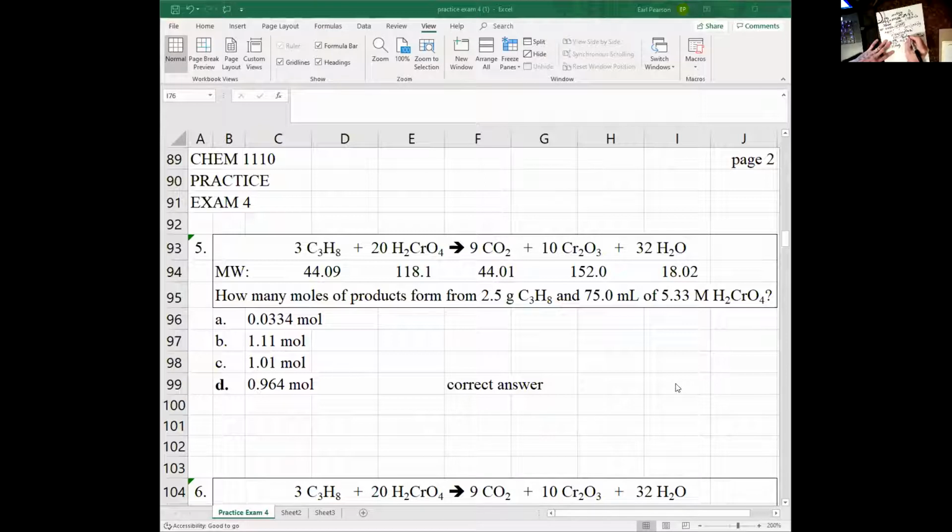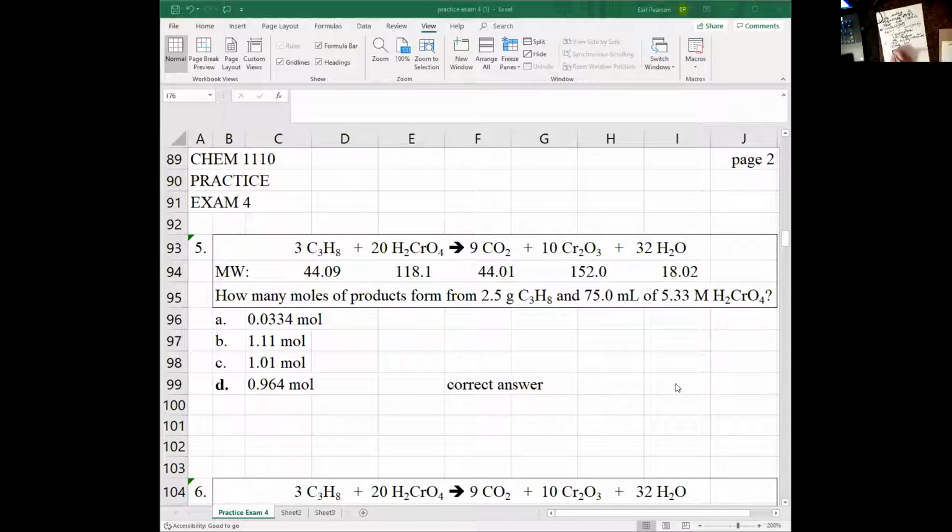We multiply that by the molarity, which is 5.33. That'll be moles. The equation is showing 20 moles. Okay, now let's see which is the limiting reagent rebalancing factor. 2.5 divided by 3 and divided by 44.09.